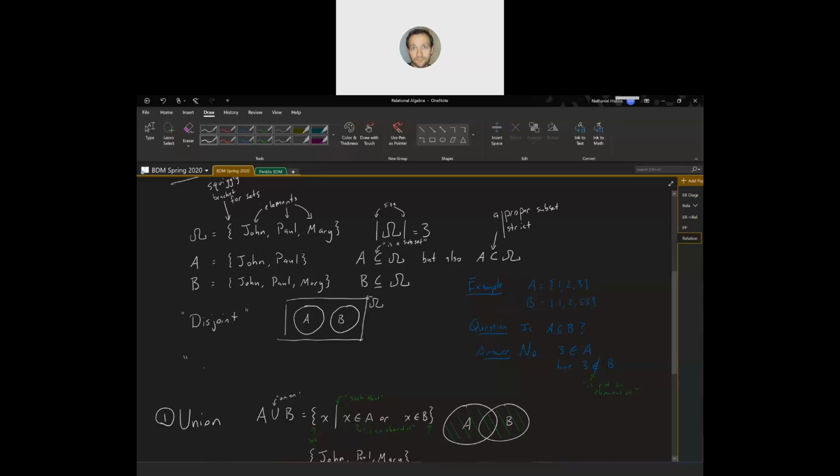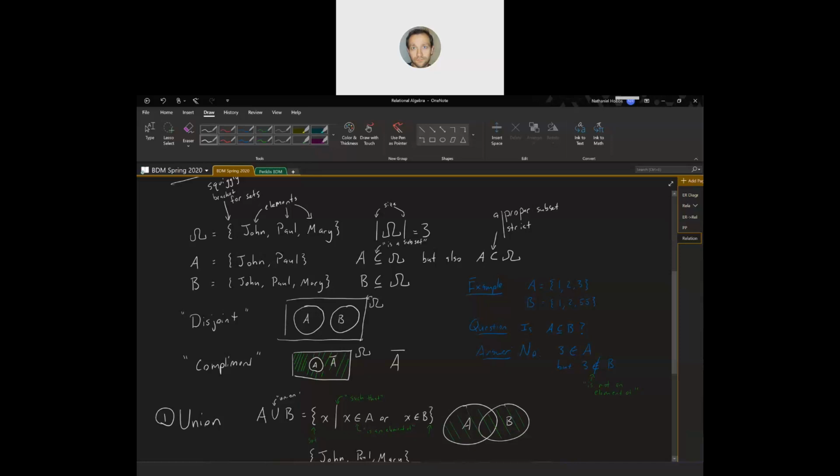Another term is complement. So if you have your world, omega, and an element A, this is the complement of A. A complement is written, this is one way of writing it, the way that I tend to prefer.